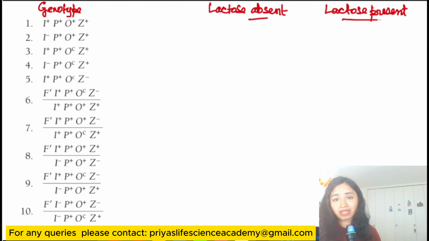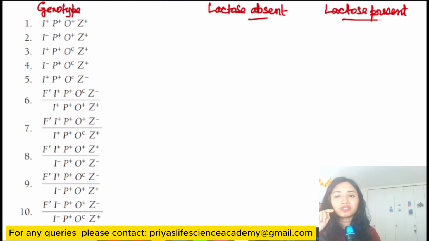I hope you remember everything I taught you in the previous class: what is cis dominant, what is trans dominant, what are the different kinds of mutations of the inhibitor, operator, and promoter region, what is inducible expression, and what is constitutive expression. If you haven't checked the video yet, you can check out the previous video. So the first problem is I plus, P plus, O plus, Z plus.